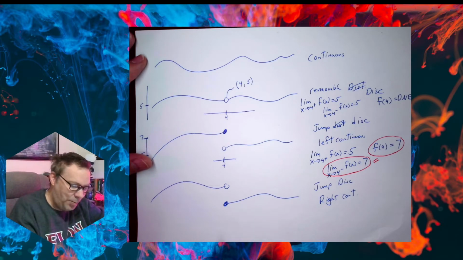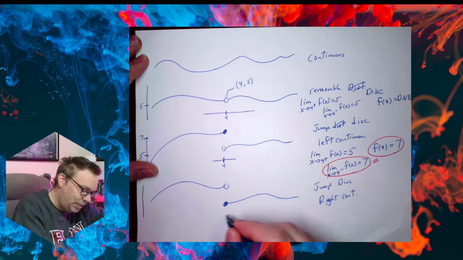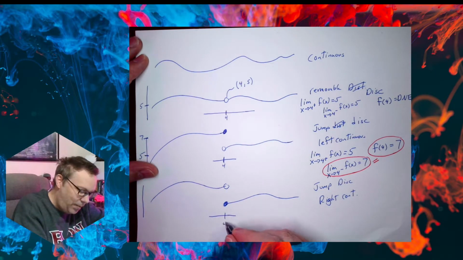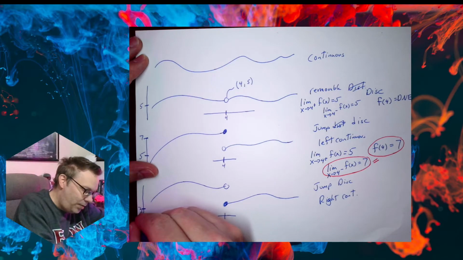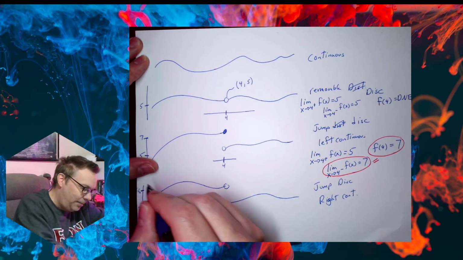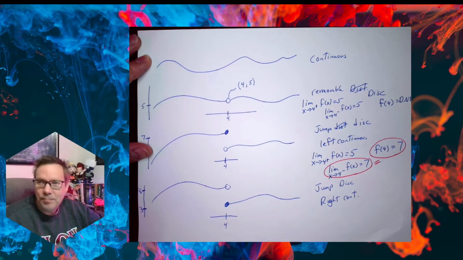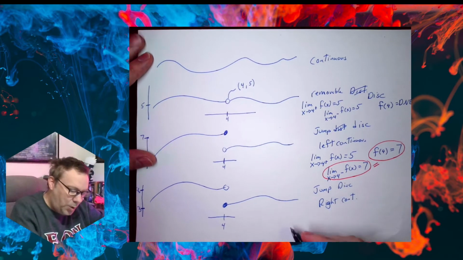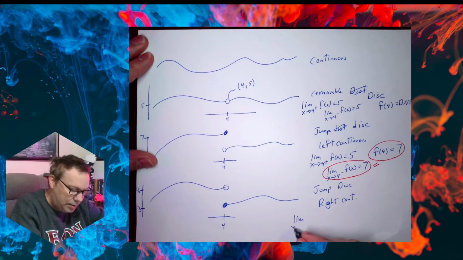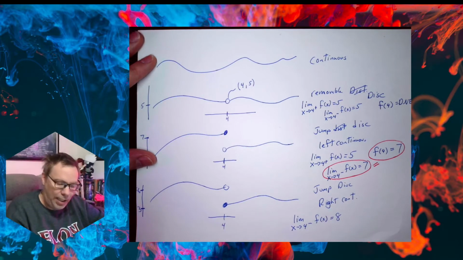Let me reiterate that with the right continuous. Let's say, again, I have a 4, this time I have a 3, and I have an 8. So what do we get? The limit as x approaches 4 from the left of f of x is going to be equal to 8.